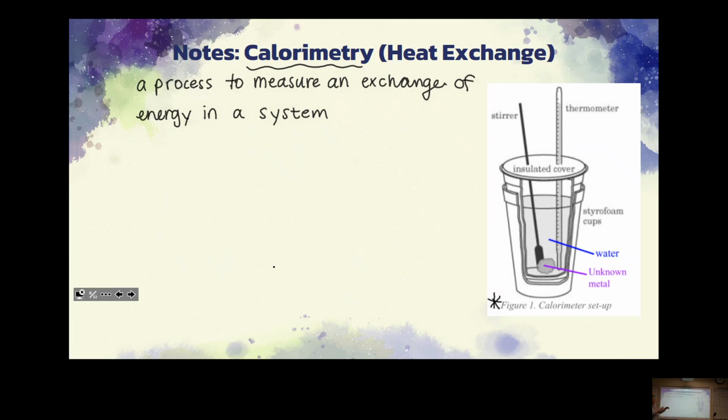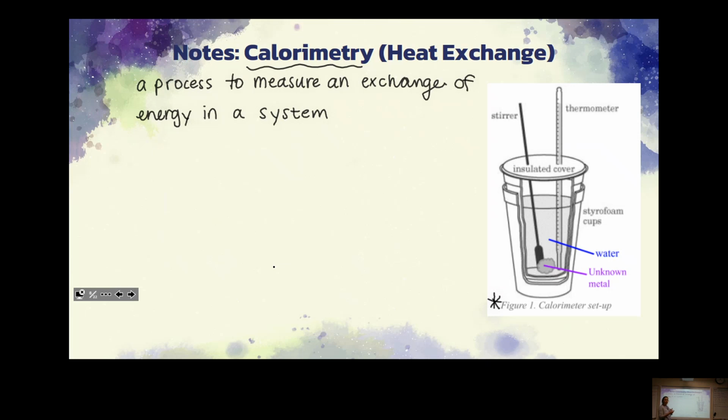There are ones that are more fancy, but you can achieve this protected, isolated system for our heat with some styrofoam cups. This will be the setup that you use in the lab. Very simple: you just have your thermometer, your stir, the metal, and water.